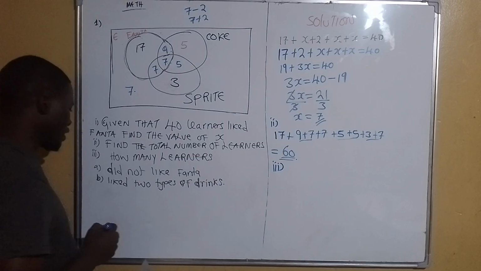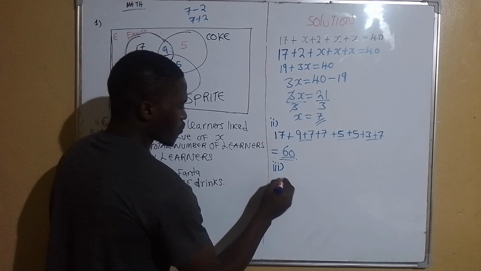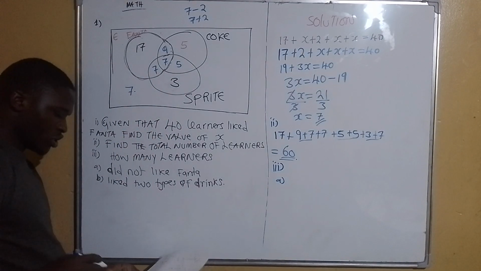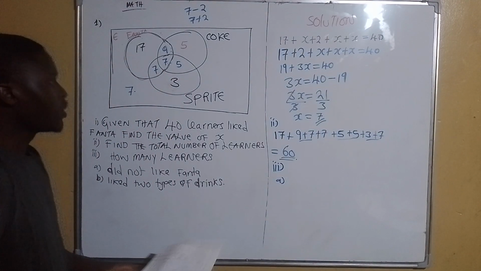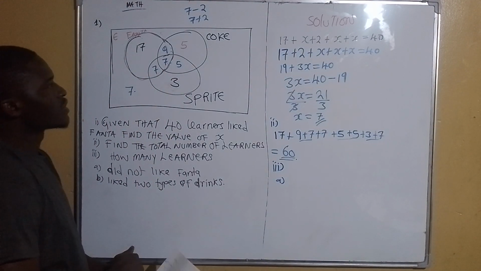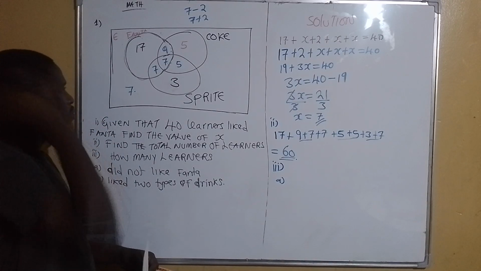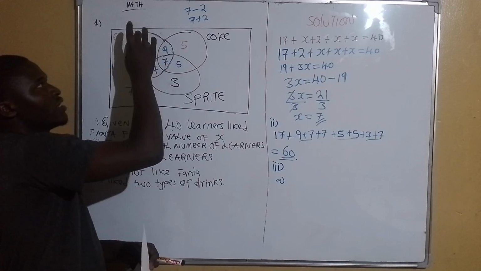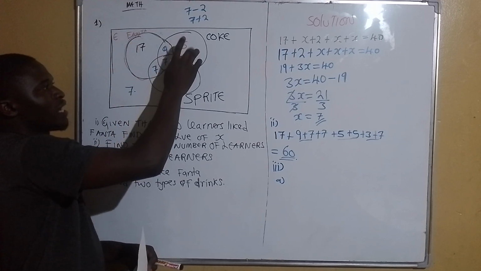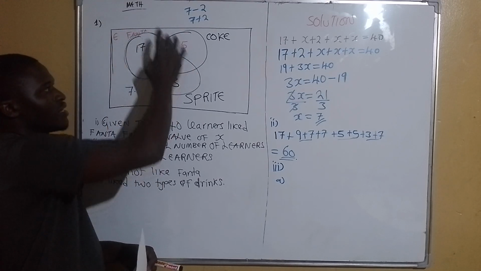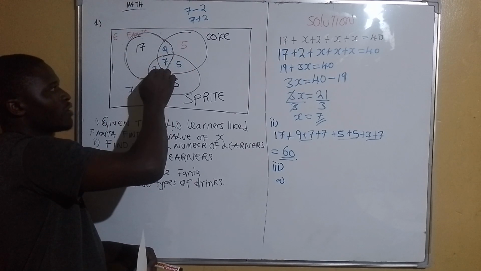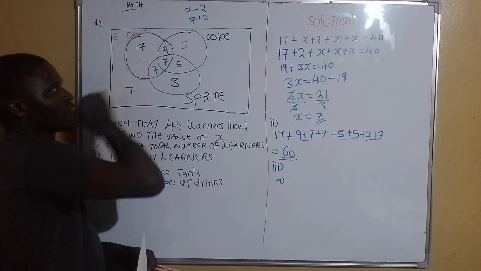How many learners did not like Fanta? In this case, if you want to know how many learners did not like Fanta, you look at all the numbers outside the Fanta. Inside Fanta we have 7, 7, 9, and 17.